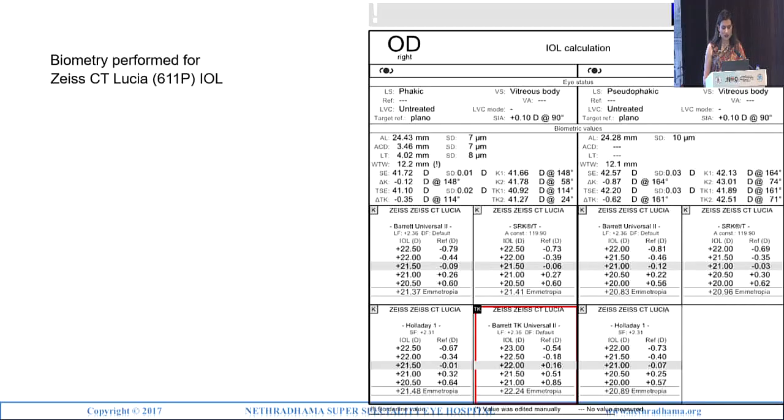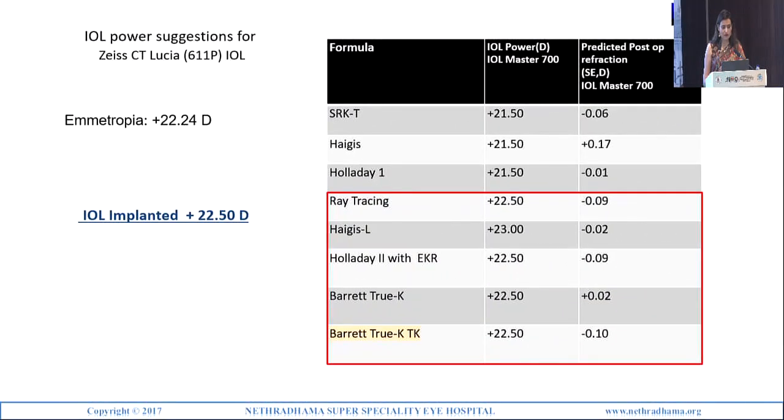CT Lucia calculations were performed using different formulae, and you can see that we used the ray tracing method, the Haigis-L, Holladay 2 with EKR, Barrett True-K, and Barrett True-K TK. Finally, you can see that the Barrett True-K and True-K TK are very close, and also the Holladay 2 EKR. So this is what we went ahead with.